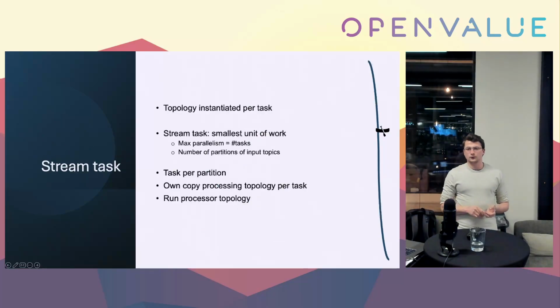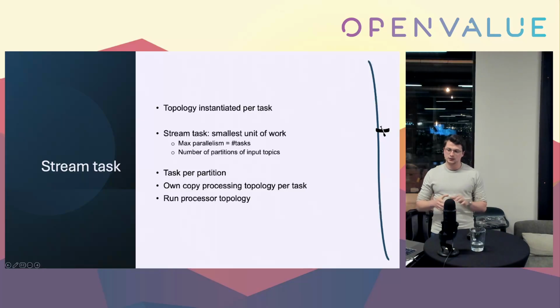So that's basically how these events move through this acyclic graph. So how is this called? A couple of terminology. So actually a stream task is what runs such a topology. And per topology, a topology is instantiated per task, and it's kind of the smallest units of work. So that also means that you can only parallelize as much as you have tasks. And each task is created per partition.